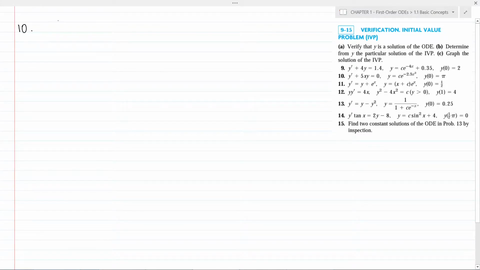Problem 10. The differential equation given is y dash plus 5xy equal to 0, and the general solution given is y equal to c e to the power minus 2.5 x square.